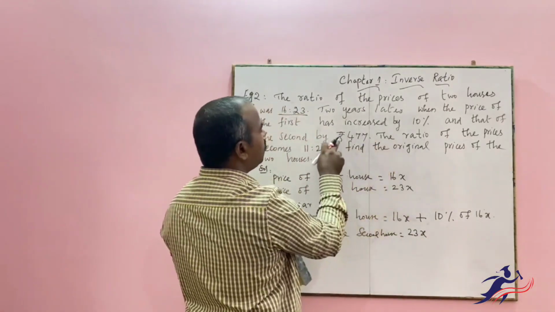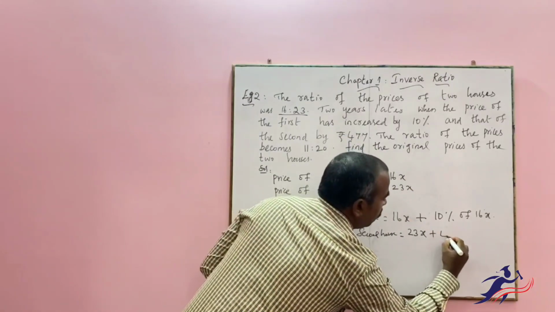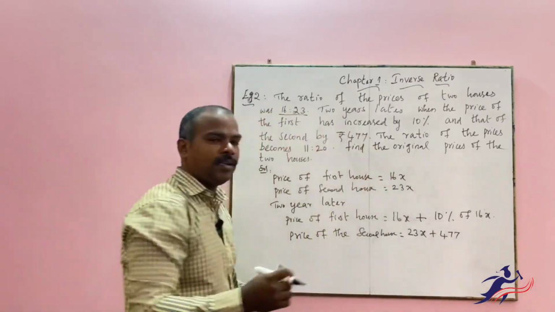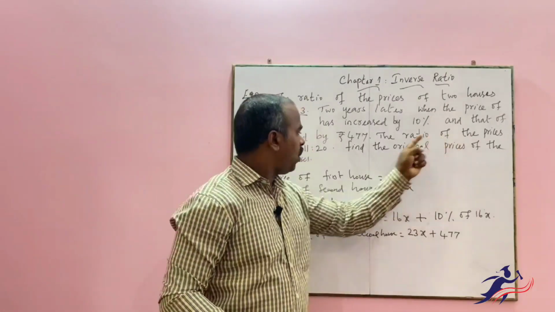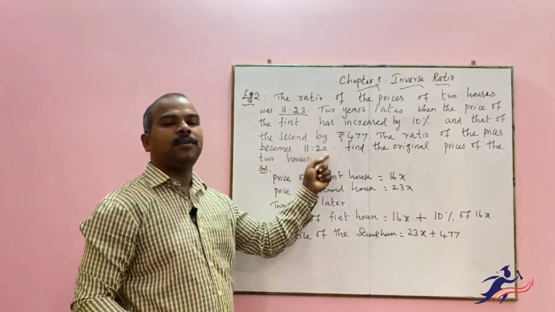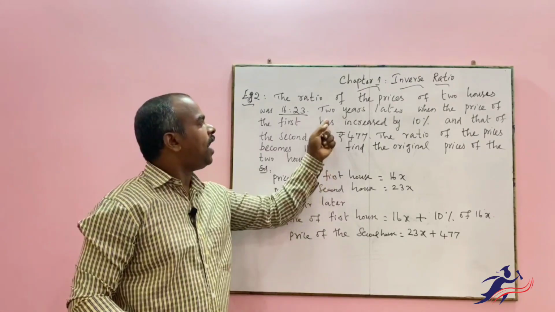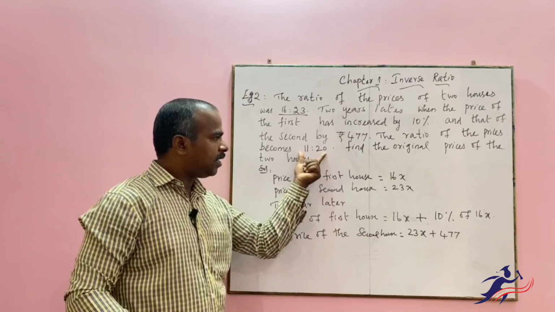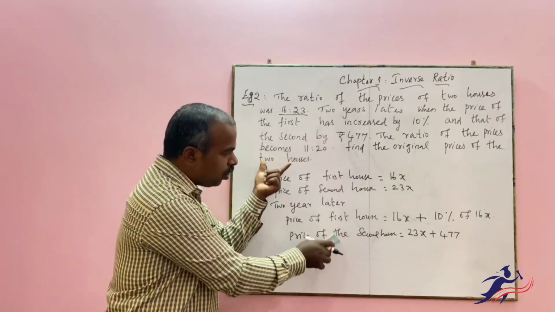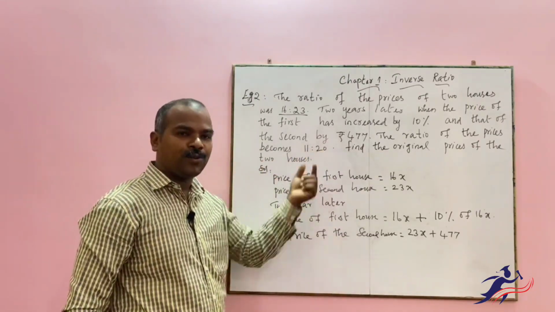Now it is increased by 477, that is plus 477. The ratio of the prices becomes 11:20 after 2 years. After 2 years, the ratio of the prices of these two houses becomes 11:20.